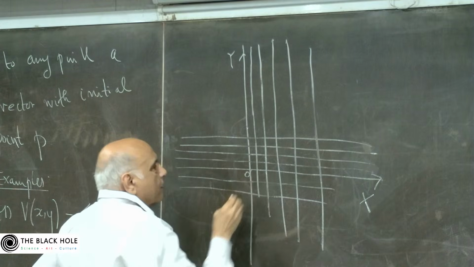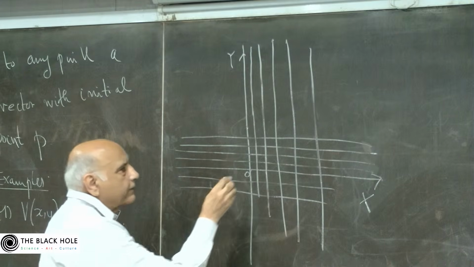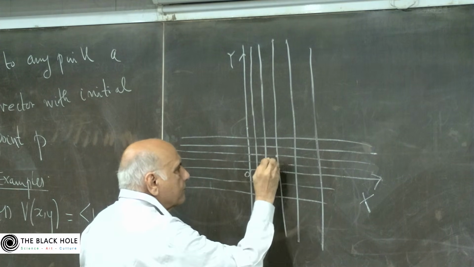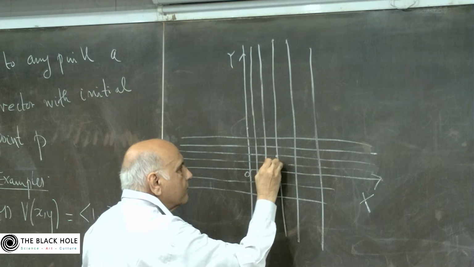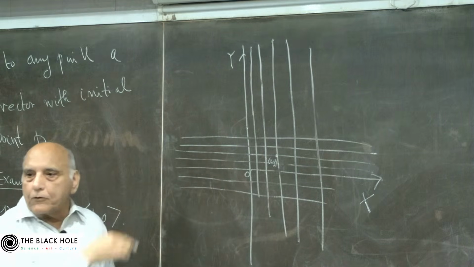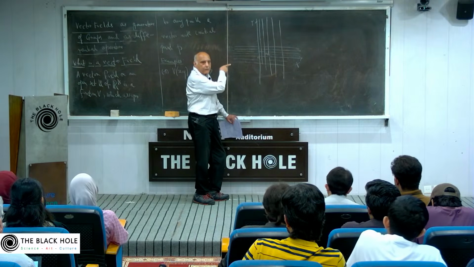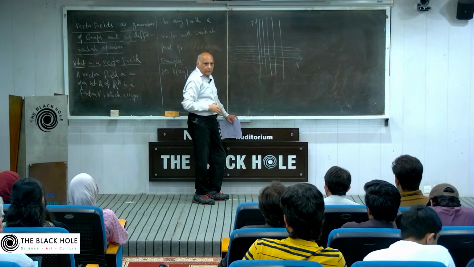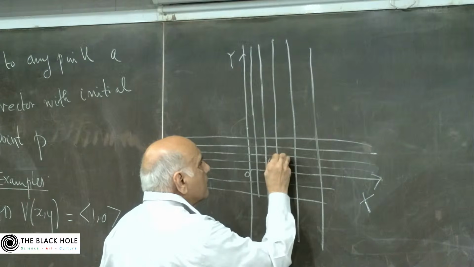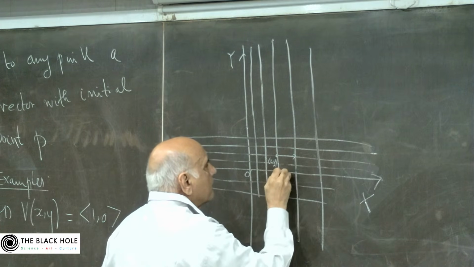So how would it look like if I take a point here? What do I have to do? Remember, this is supposed to be the initial point. So what do I have to do? You move one unit in the x direction and then stop, right?